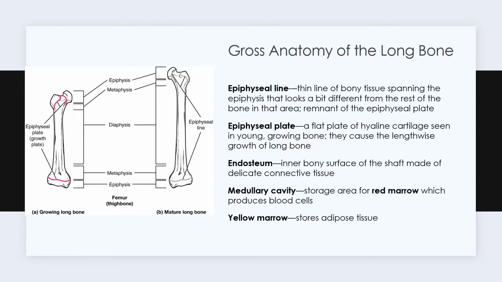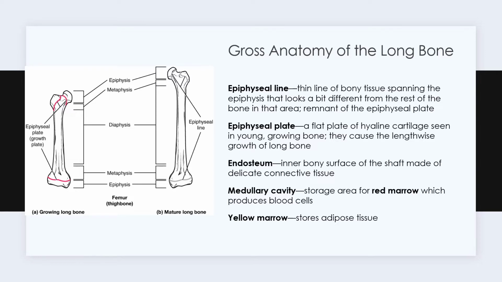Talking more about those long bones, we have something called an epiphyseal line, which is seen in adult bones, and an epiphyseal plate. The epiphyseal line is a thin line of bony tissue spanning the epiphyses, the ends of the long bone, that looks a bit different from the rest of the bone in that area, and it's a remnant of the epiphyseal plate.